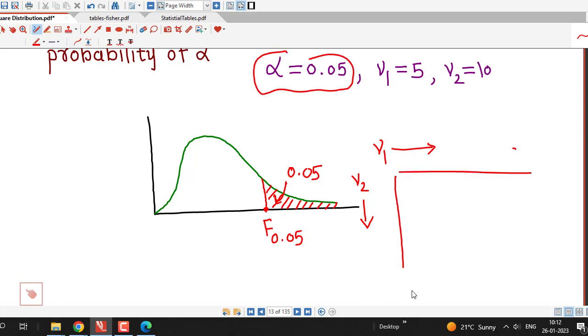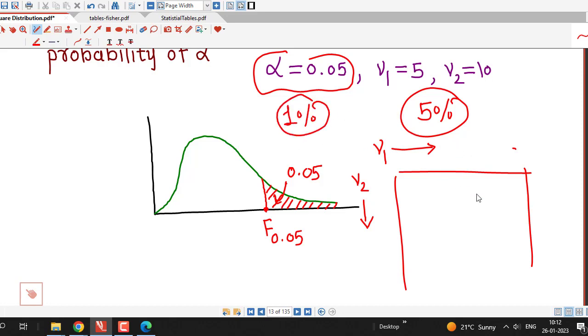This whole table will be for say 5% level of significance. Similarly, we will have another table for 1% level of significance, and so on. So you have to see the title of your table, whether it is for 5% level of significance or 1% level of significance. First you have to decide the corresponding table for the given value of alpha.